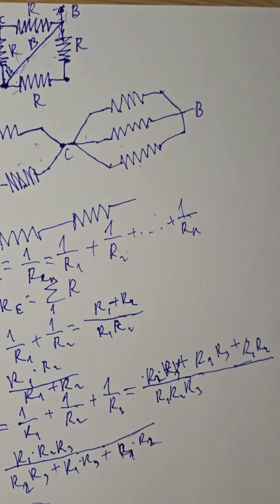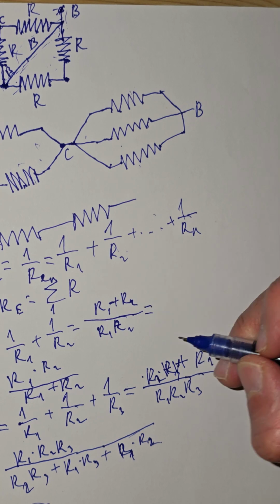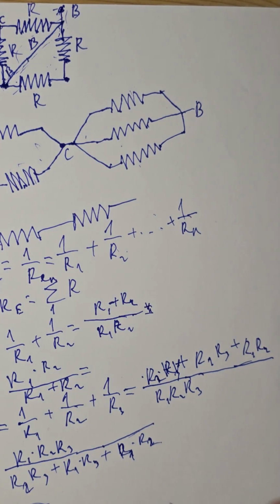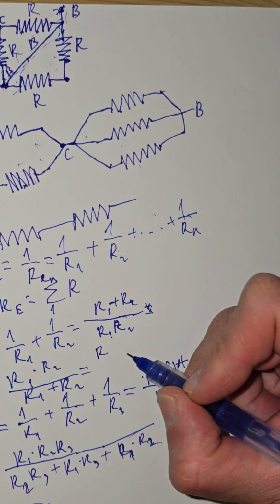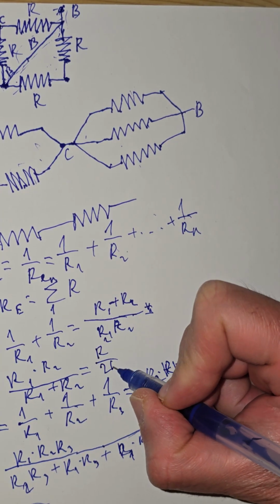So now imagine that they are the same. If all these are equal, what do we have here? R squared over 2R.